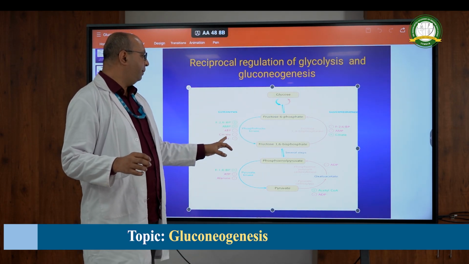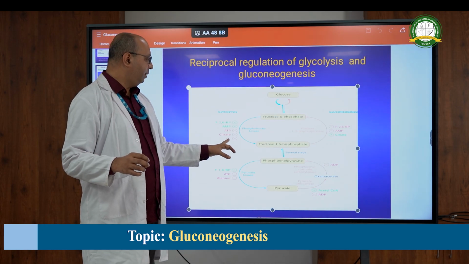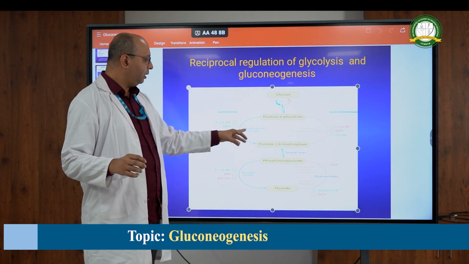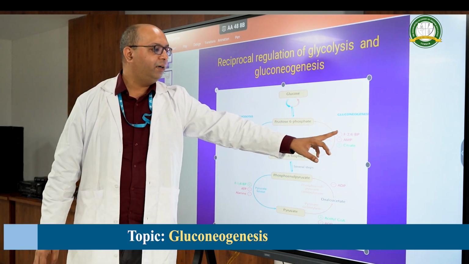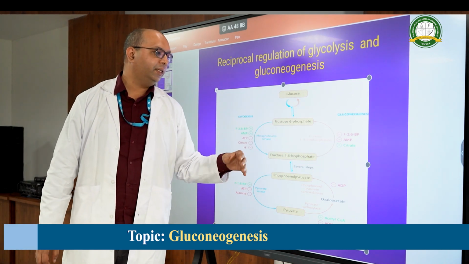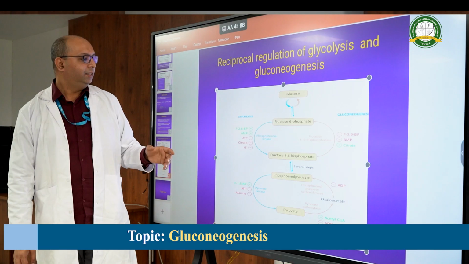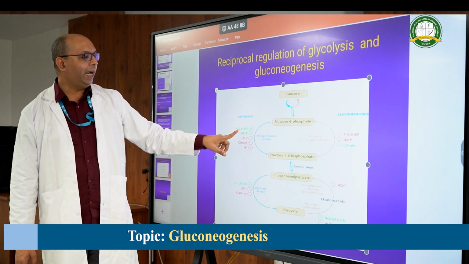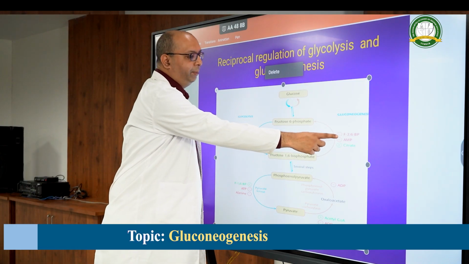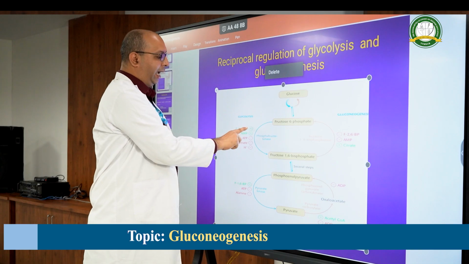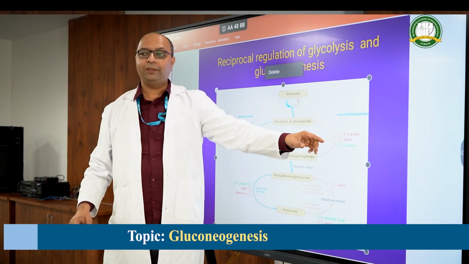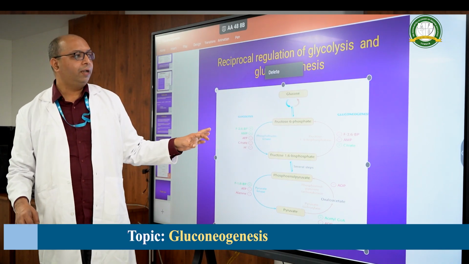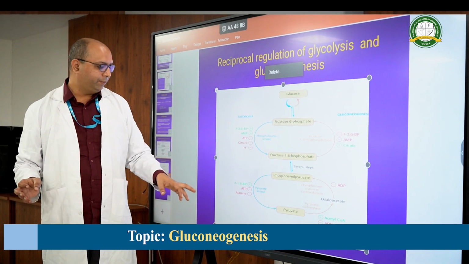And in glycolysis, ATP, citrate and H plus ion are allosteric inhibitors, whereas here AMP and fructose 2,6-bisphosphate are the allosteric inhibitors. Compare here: the activators have become inhibitors. Both allosteric activators have become inhibitors for this enzyme. That's why it is called reciprocal regulation.